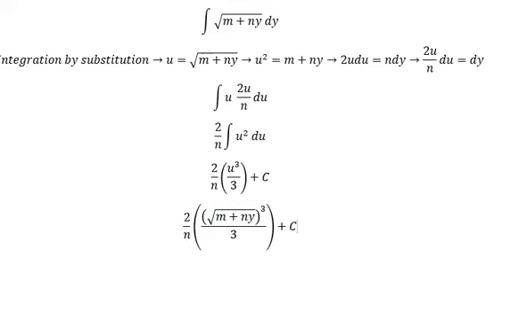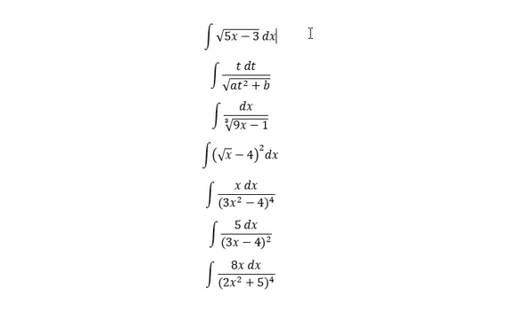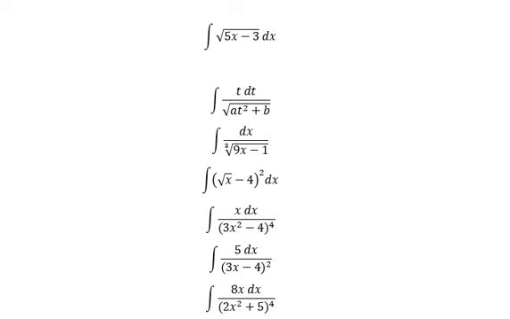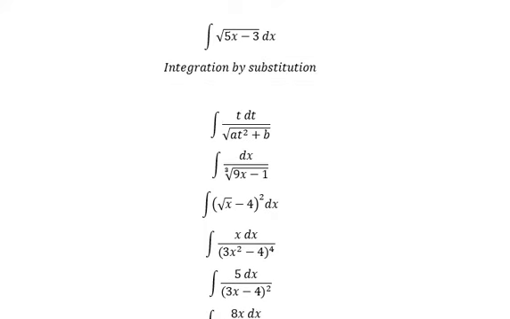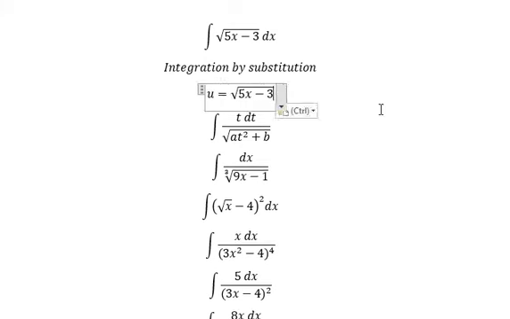Next, we need to use integration by substitution. So we can put u equals to the square root of 5x minus 3.